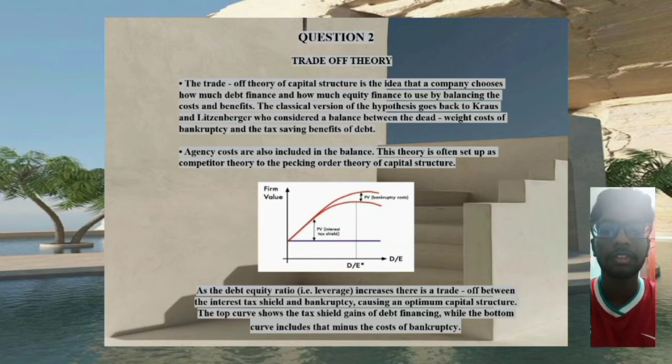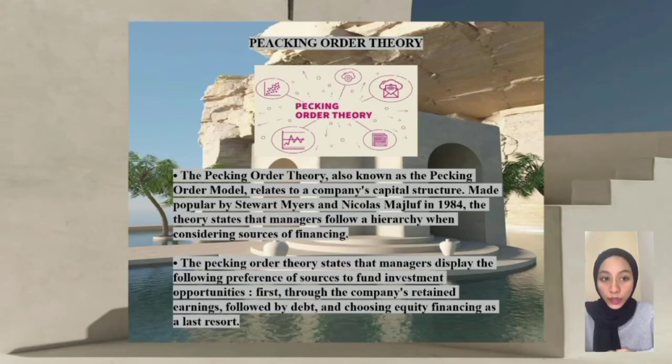The top curve shows the tax shield gain of debt financing, while the bottom curve includes the cost of bankruptcy.